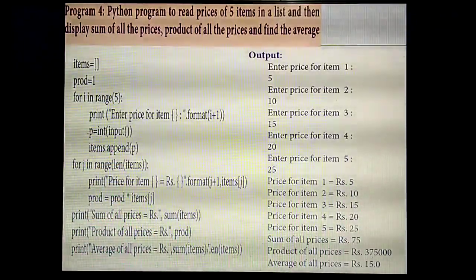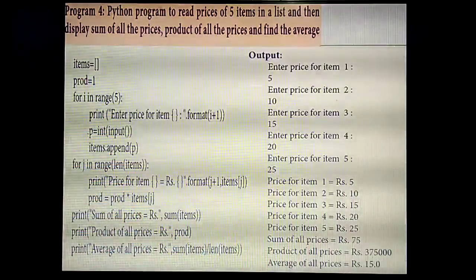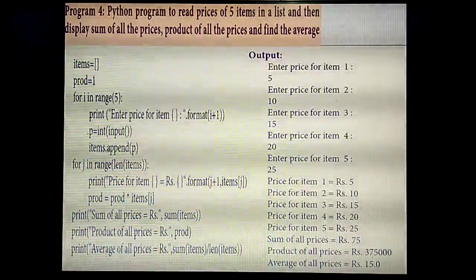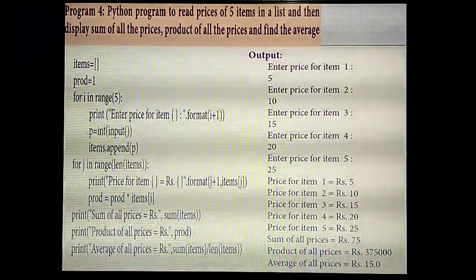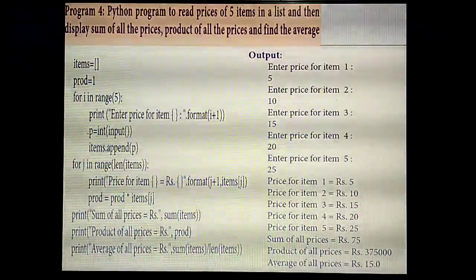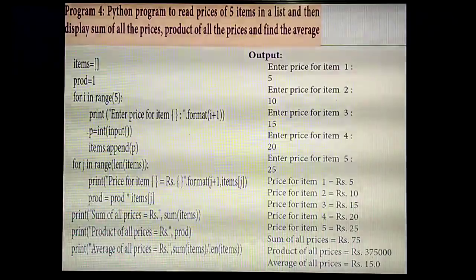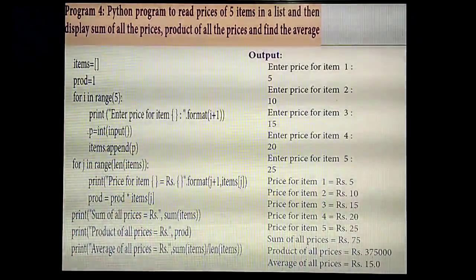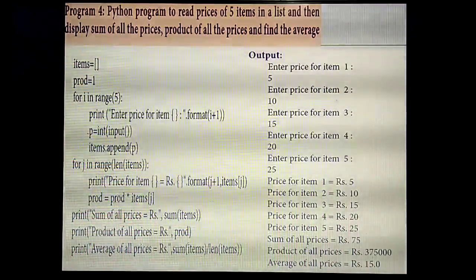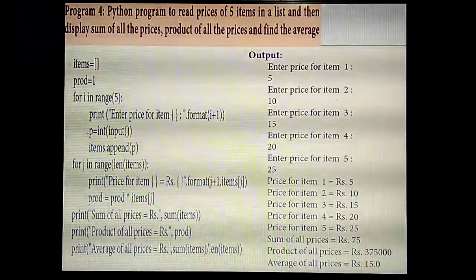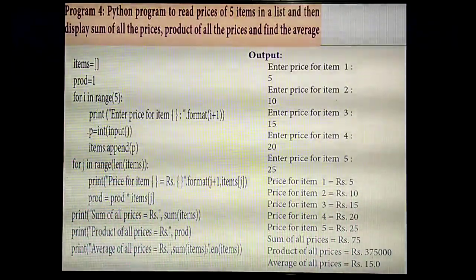For example, when you go to a shopping mall, you purchase some items. You take some things from the shopping mall. What's the next step? You see what the price of the item is. Likewise, next you need to enter the price for each item. For that you create which loop? A for loop. Inside the for loop you create a variable called i, in range of 5, because they have given 5 items.